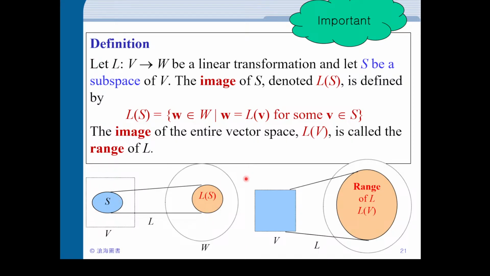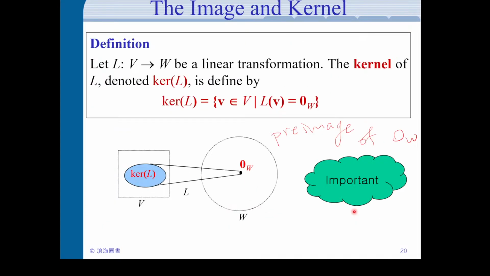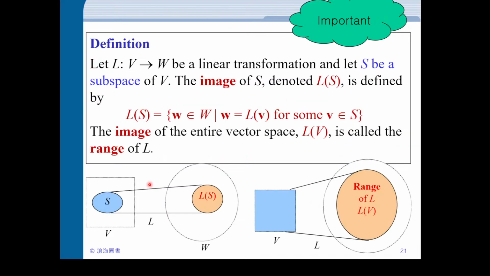For simplicity, let's assume that S is always a subspace. And then the image of everything is called range. So for now, it's just definition, and I think the definition should be intuitive, but obviously you need to memorize those three names: kernel, image and range.